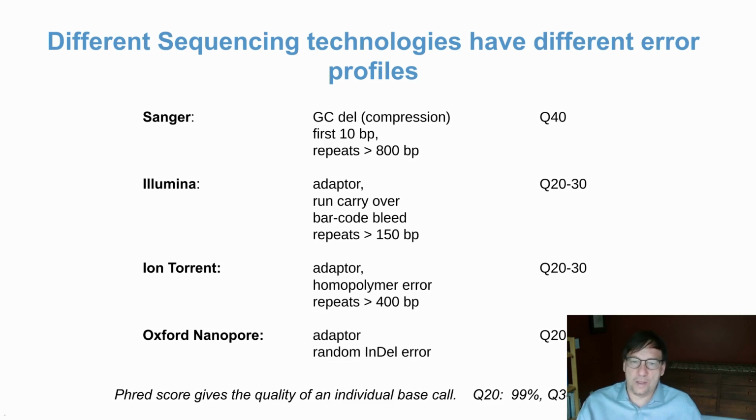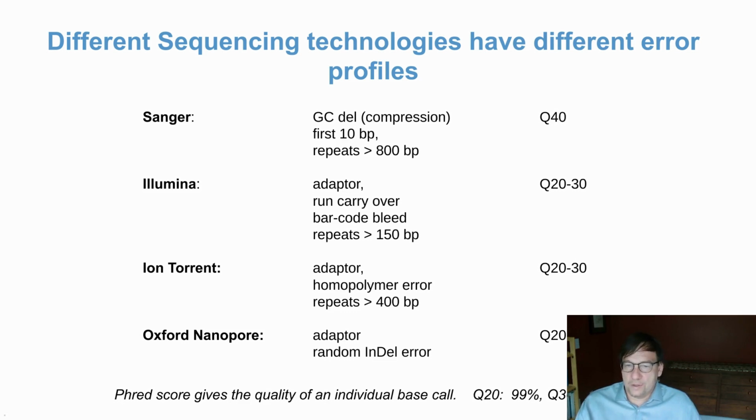So if you look at these different technologies and you look at the quality, you can see that Sanger still beats everyone hands down. It's a Q40. You can see that it covers repeats up to 800 base pairs, whereas Ditmer goes to 150 and Ion Torrent goes to 400, unless you really push it to 800.